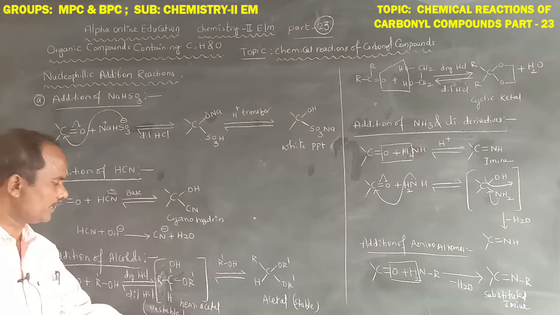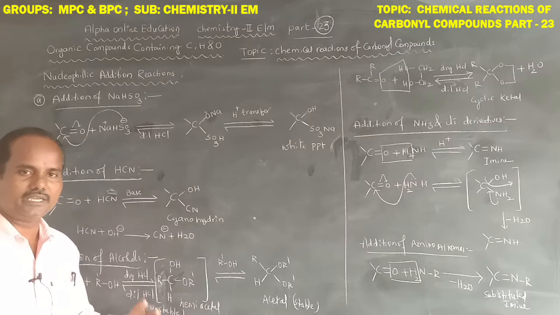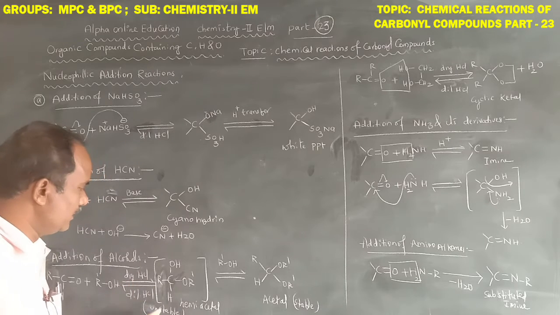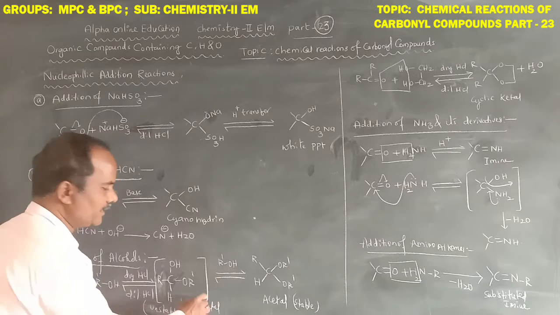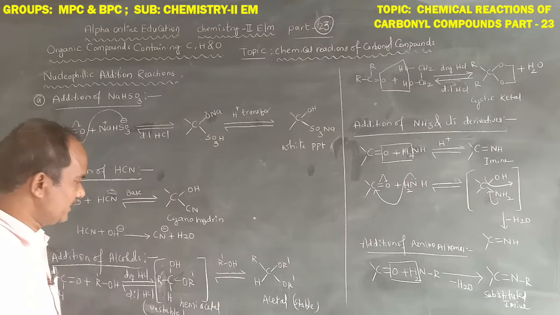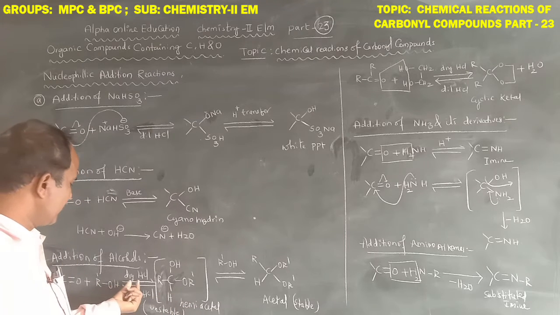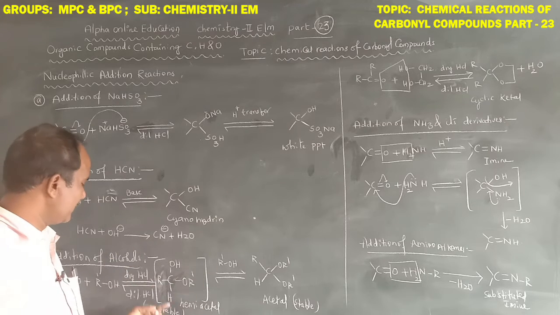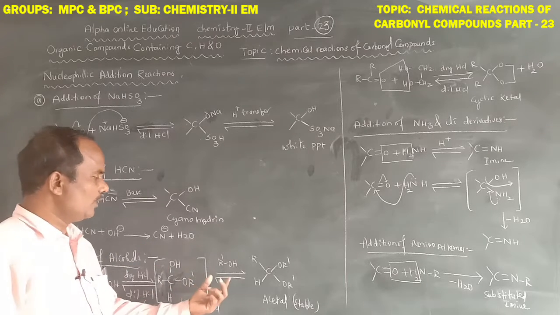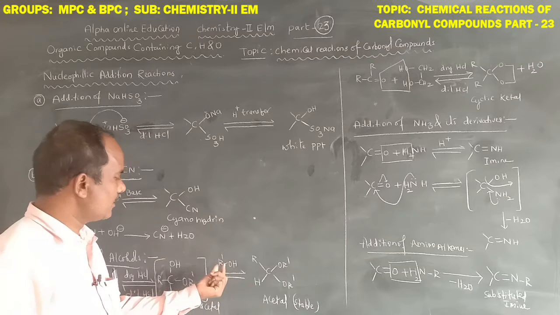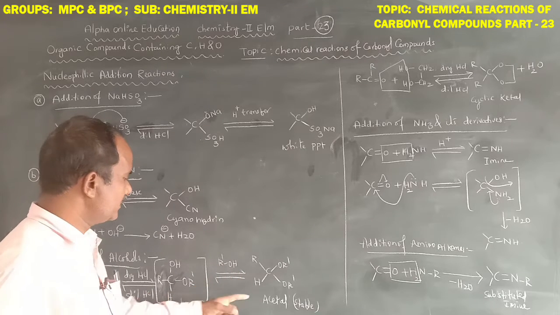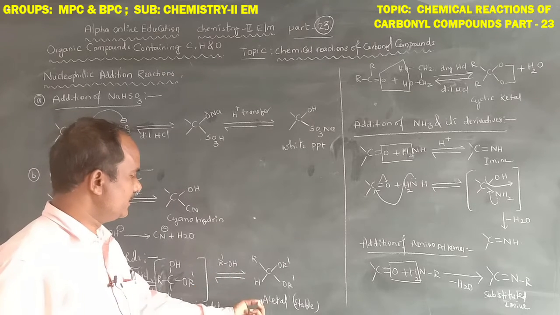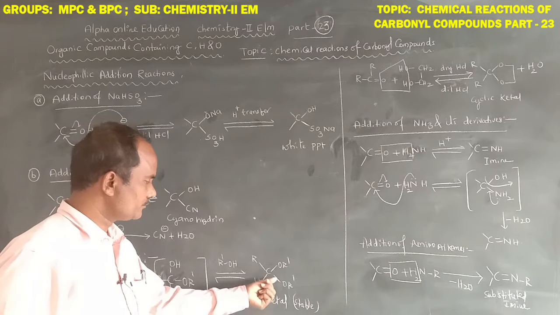This hemiacetal is unstable, that's why it is represented in square brackets. Since this reaction is carried out in presence of dry HCl, another mole of alcohol is involved in the reaction, then it forms the stable acetal.